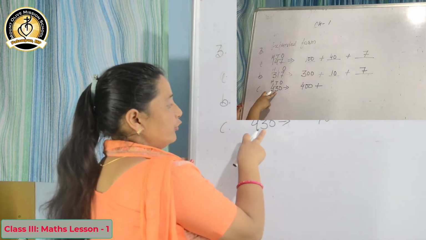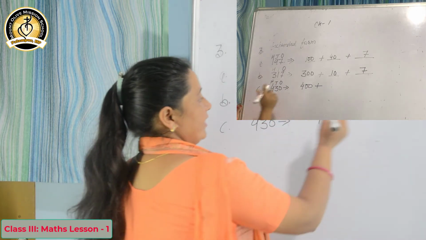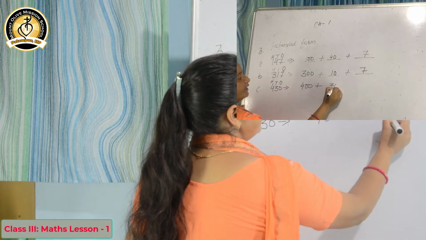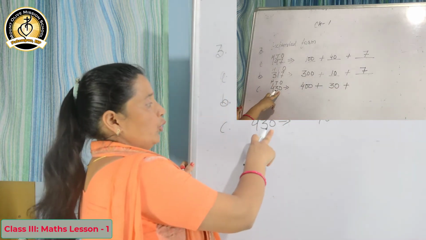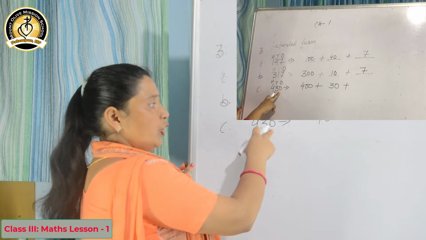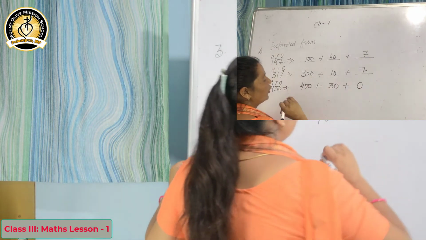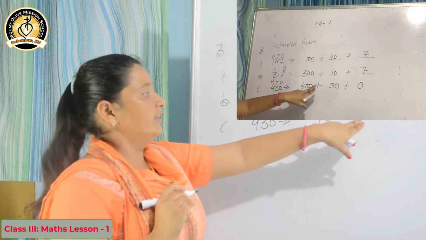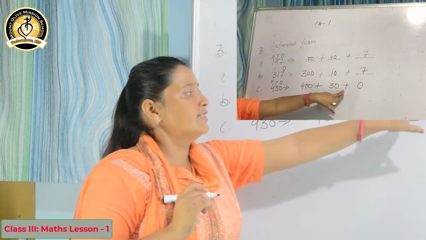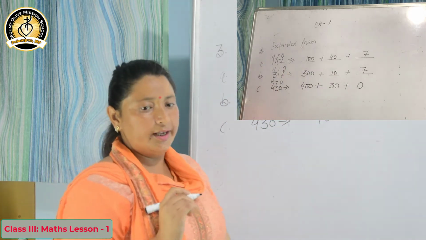What is the place value of 3? 3 tens, 30. And the last one is 0. What is the place value of 0? Ones, so write 0. The expanded form is 400 plus 30 plus 0, which means 430.